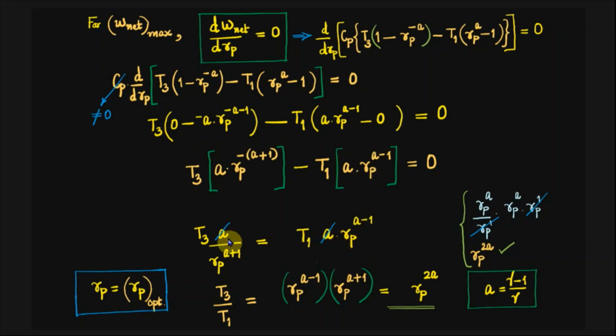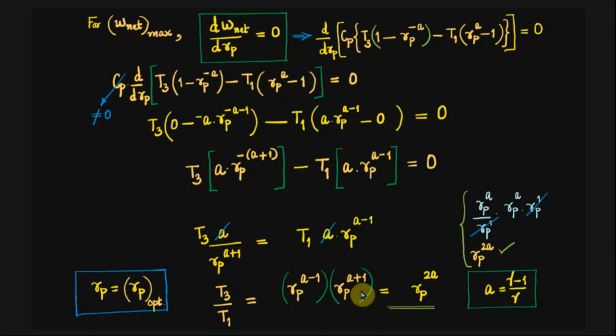Remember, A is already cancelled. So T3 divided by T1, taking the temperature T1 to the left hand side and Rp raised to A plus 1 to the right hand side. So T3 by T1 is equal to Rp raised to A minus 1 into Rp raised to A plus 1.